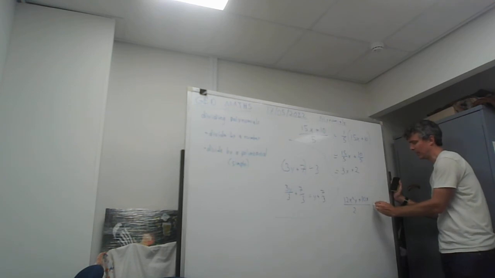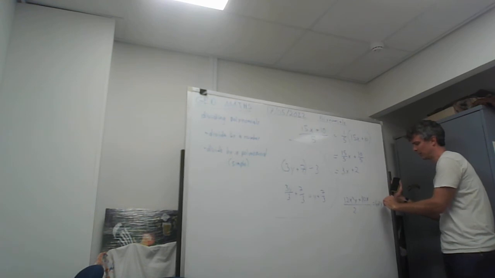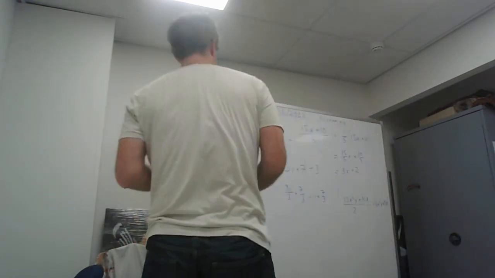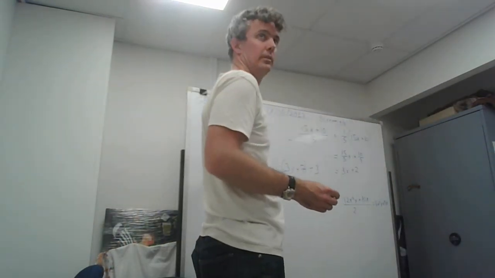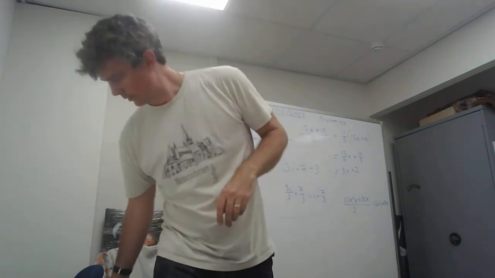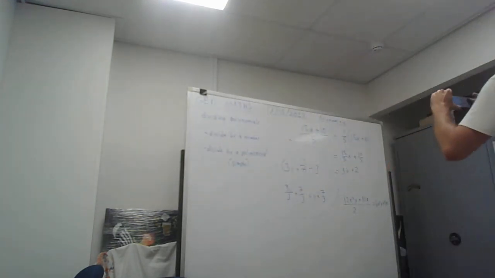That equals basically 12 divided by 2, 6x squared y, plus 5x. Any questions on this? This is just dividing by a number. If there are no questions on that, then we're going to go on to dividing by polynomials.